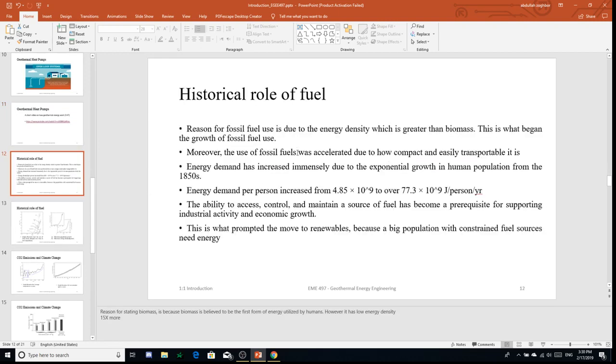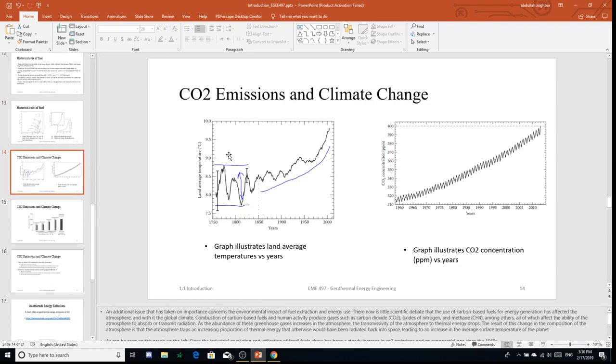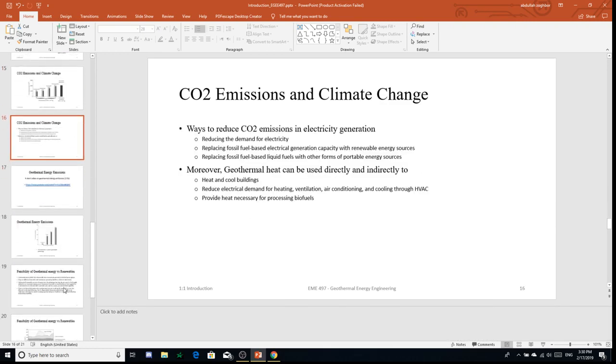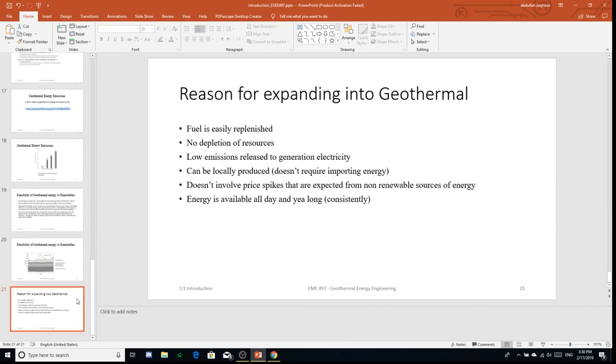Historical role of fuel talks about how we've gotten into fossil fuels in general and why we are looking for more energy. And then the CO2, no denying that we are the reason why climate change is occurring, the parts per million of CO2 concentration, and geothermal energy emissions and the feasibility and why we should expand into it.